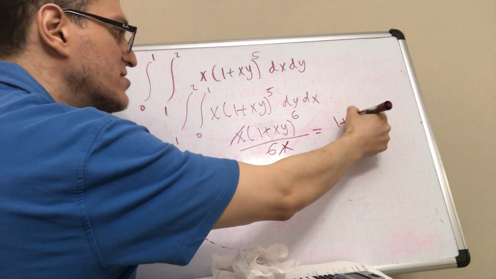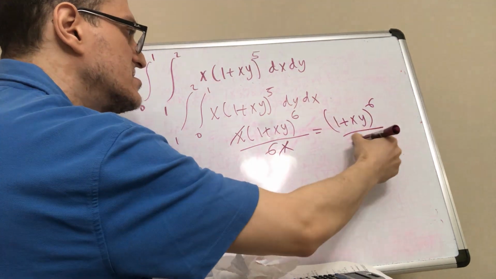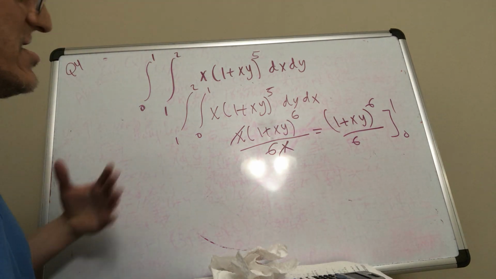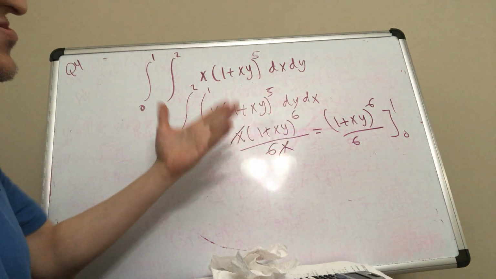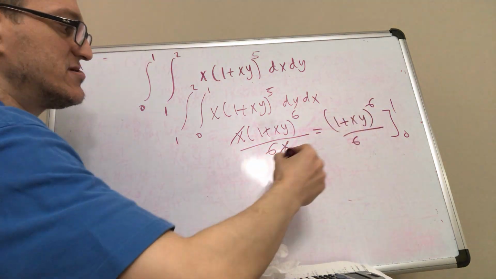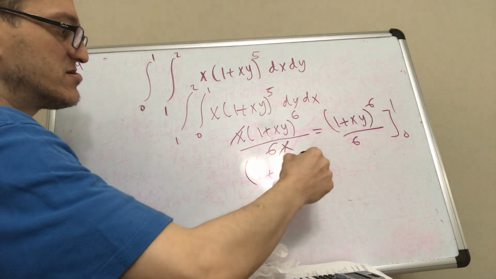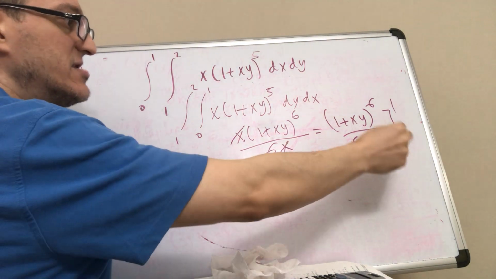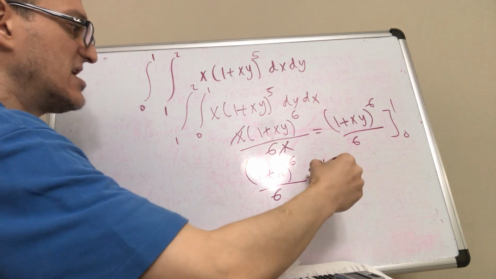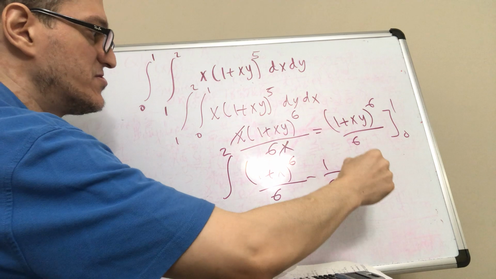So you have (1 plus xy)^6 over 6, and you have 0 and 1. You see, it's much easier if you do the y first. So now you put 1 for y, so that turns into (1 plus x)^6 over 6, and you put 0 would be 1 to the power 6 over 6. That's the answer. You can integrate it with respect to x.